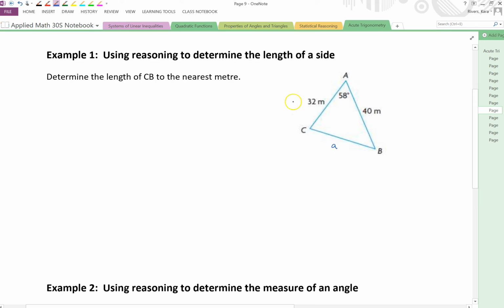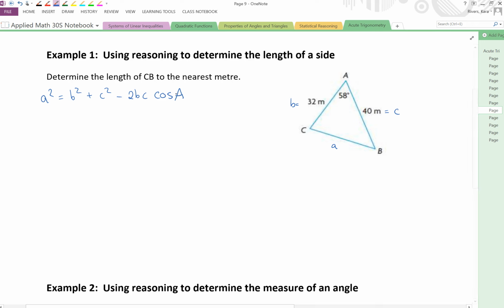If we label the other sides, this would be B, and this would be C. So I'm solving for side A, so I'm going to use the A formula, which says that A squared is equal to B squared plus C squared minus 2BC cosine of angle A. So write out the version of the formula that you're using first.